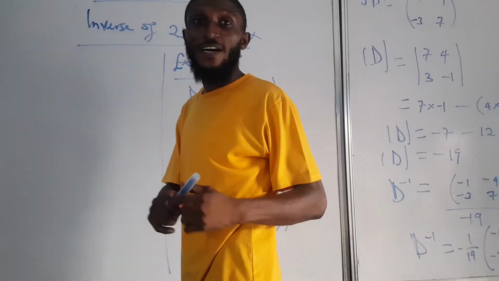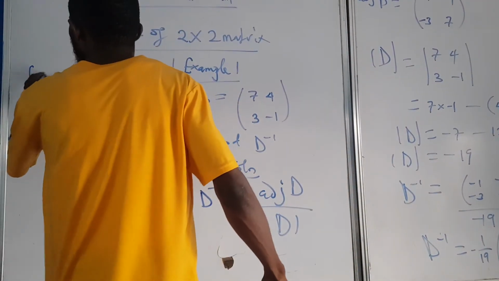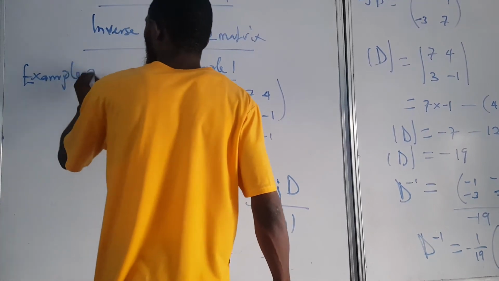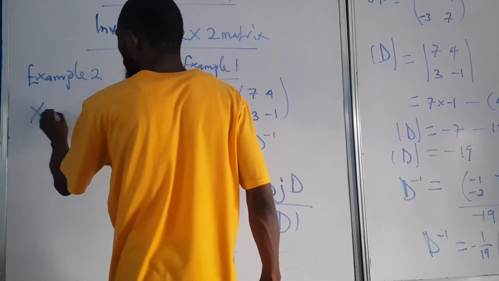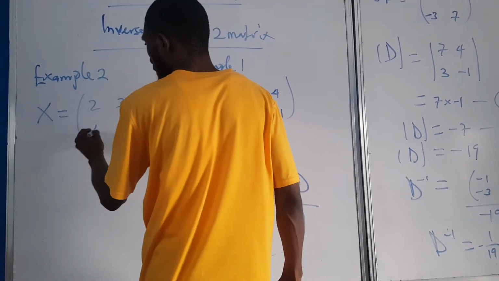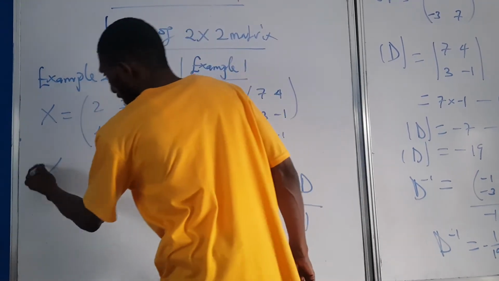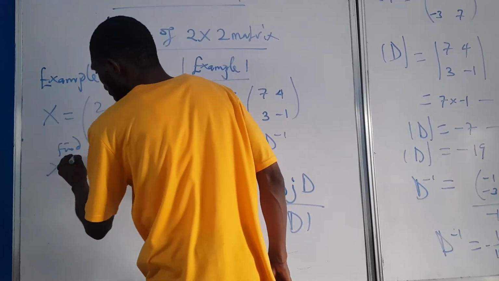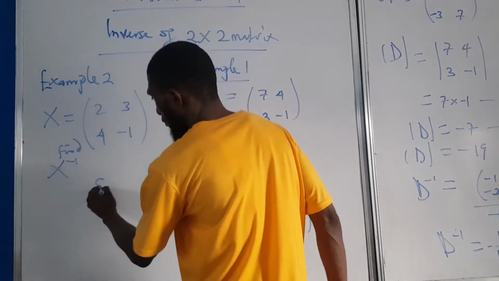Let me use this one as the final example for the day. Example 2. If X equals 2, 3, 4, minus 1, find X inverse. Solution.